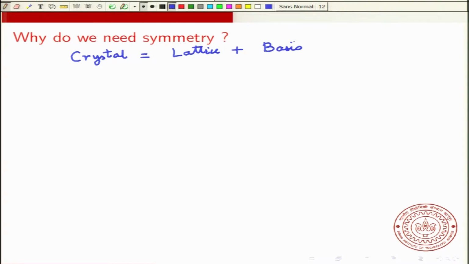What we mean by this is that if you want to generate the entire crystal, you take the basis atoms and put them at each of the lattice points, and that will generate the crystal.